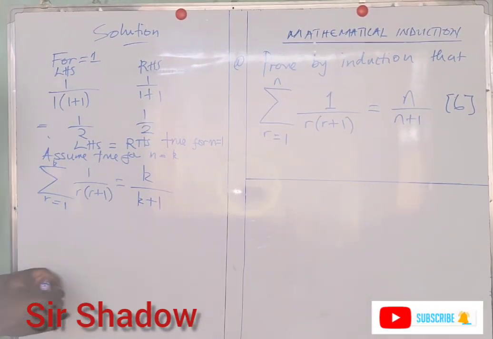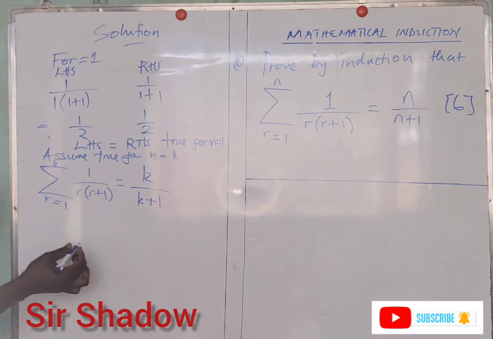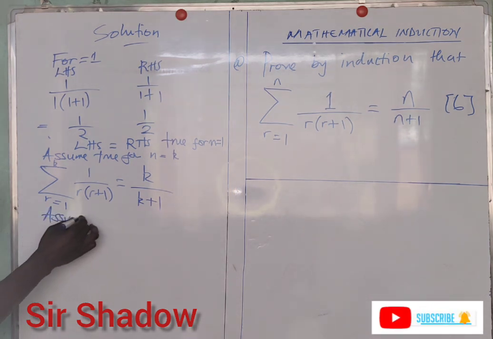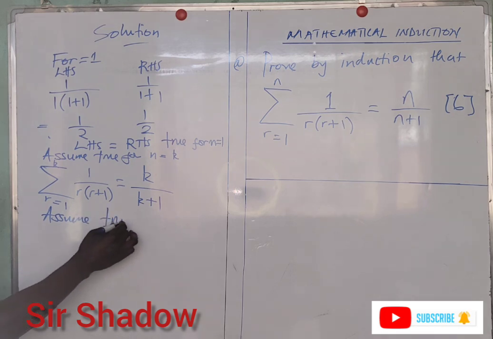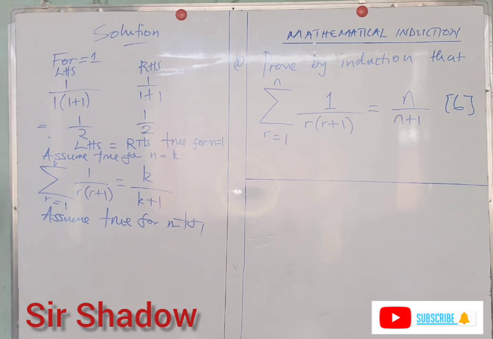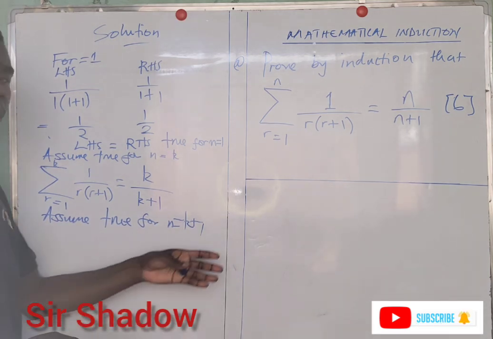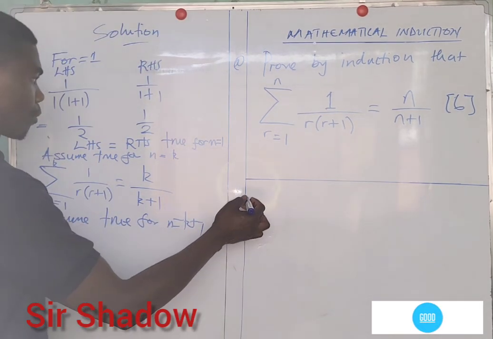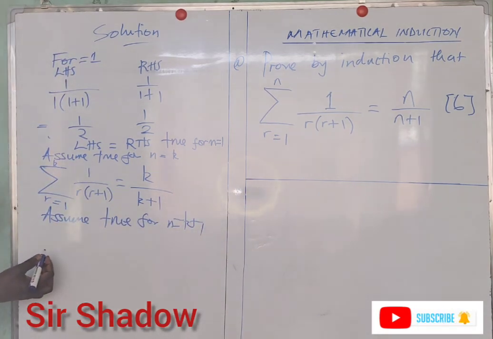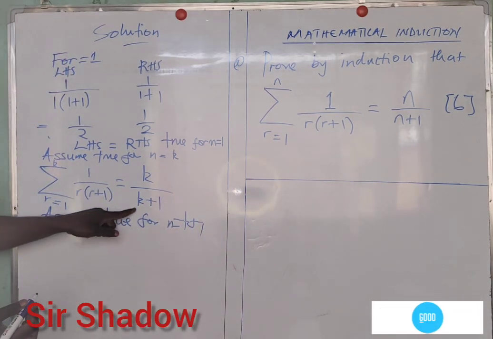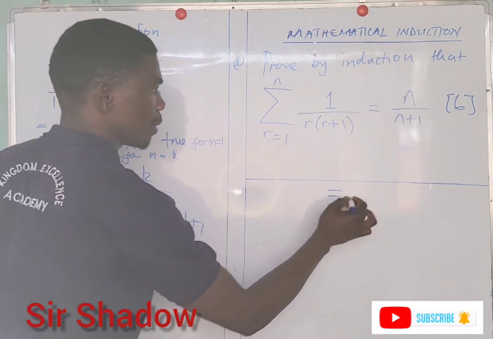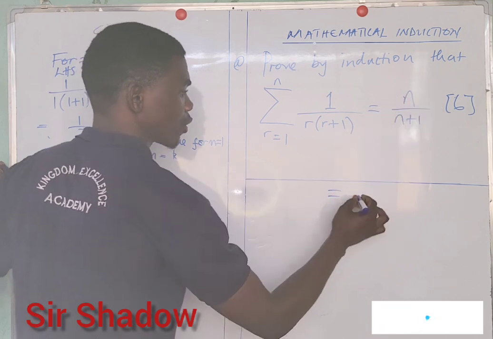Assuming true for n is equal to k plus 1. So we are saying assume true for n is equal to k plus 1, and we can use this side. We are substituting here, remembering that n is equal to k plus 1.